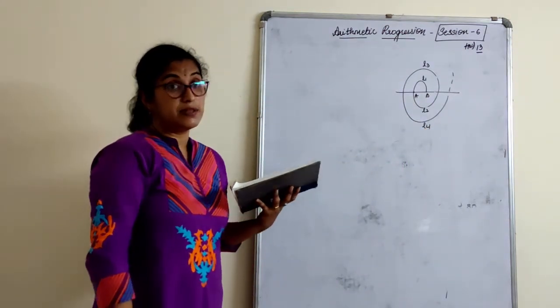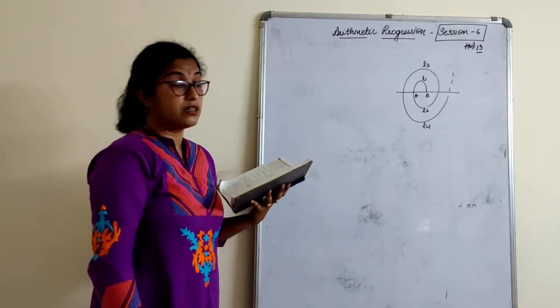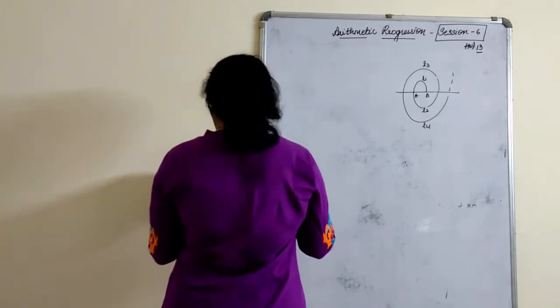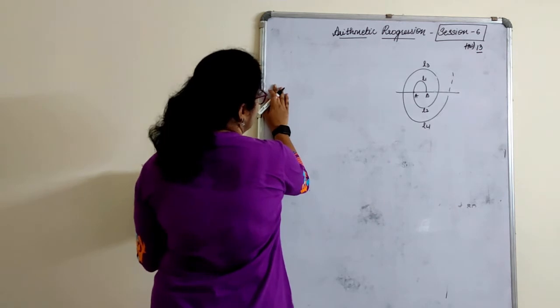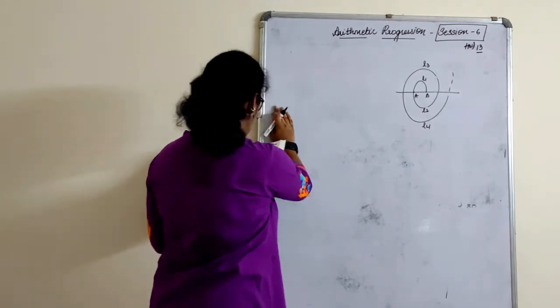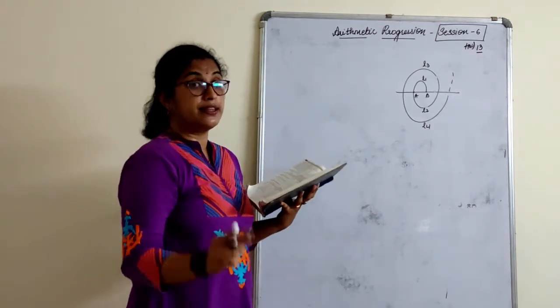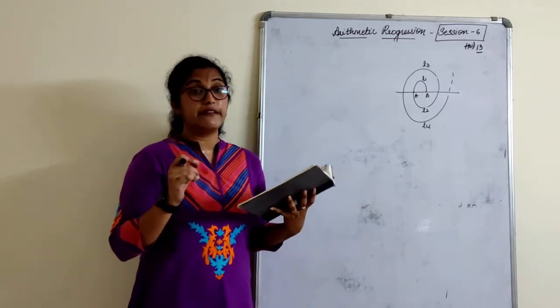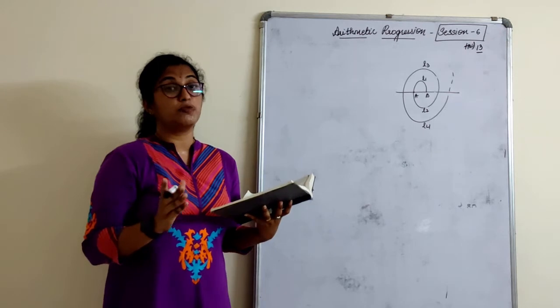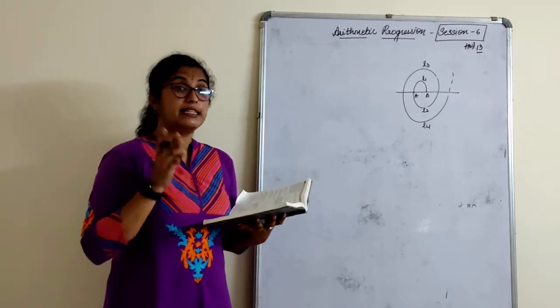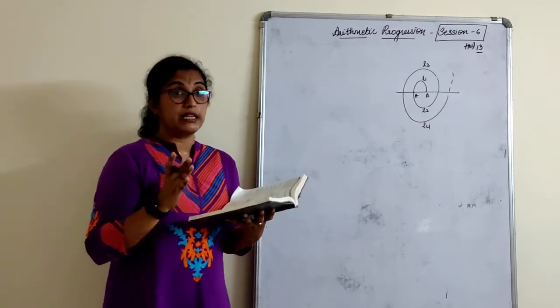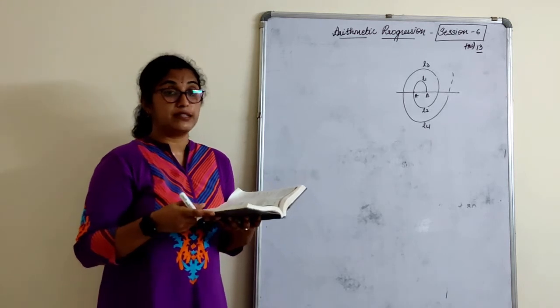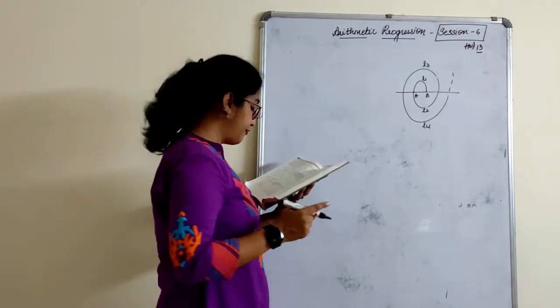Now since it is a semicircle, what is the circumference of a semicircle? Half into 2 pi r. And you can see they have given us, take pi as 22/7. That's very important. In your examination, anywhere you deal with pi, they have to tell you what the pi value should be. Unless stated, we cannot assume anything as pi. We know pi is 22/7, but we cannot take it on our own.